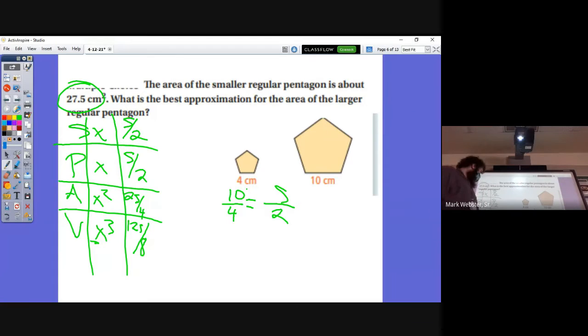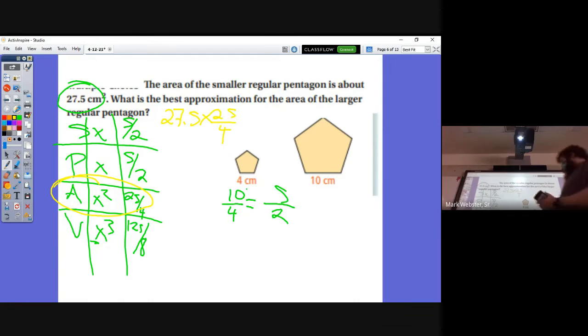Okay? Cool. But so the question is, I've done all of this. I'm working with area, so which one of these am I going to use? How about the area one? Now just multiply and then we're good, right? Of course, I left my calculator over here. We've got the small area, we want the big area.